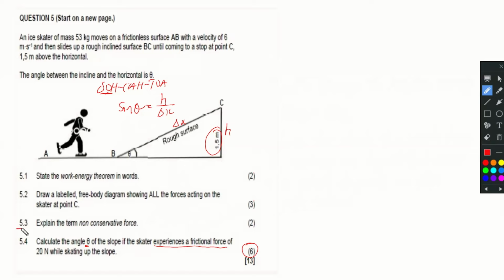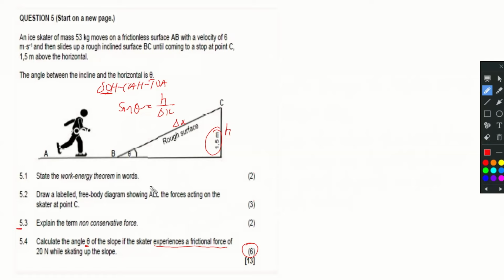Because now if you can check in 5.3, we just define non-conservative force. And in 5.4, we must use an energy principle to calculate. Now, obviously, if you can just read between the lines, you can see that there is more of a hint, a giveaway to say that use the formula for work done by non-conservative force.